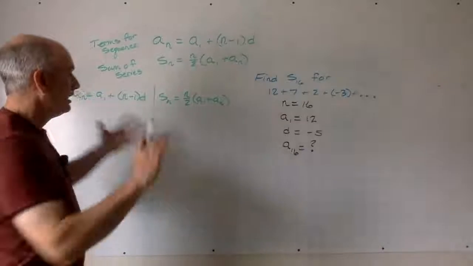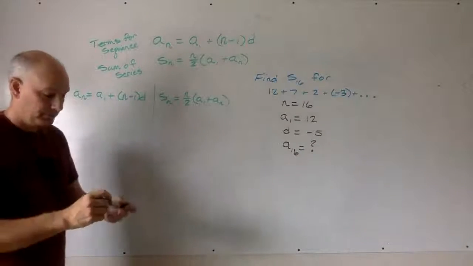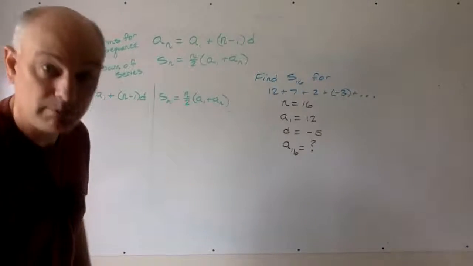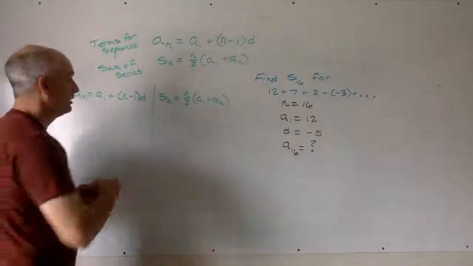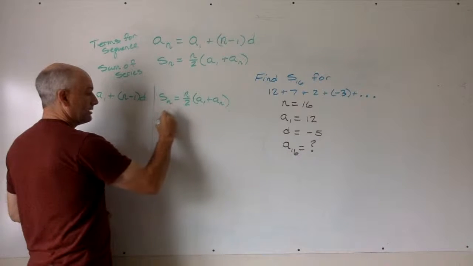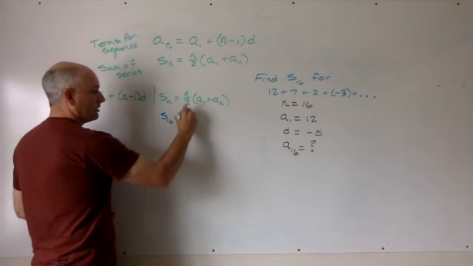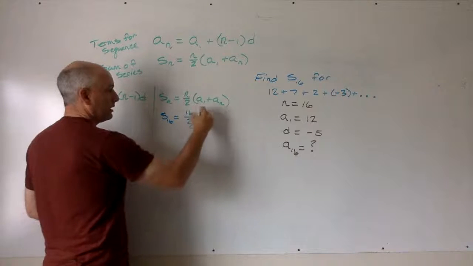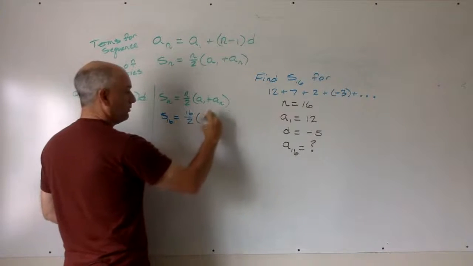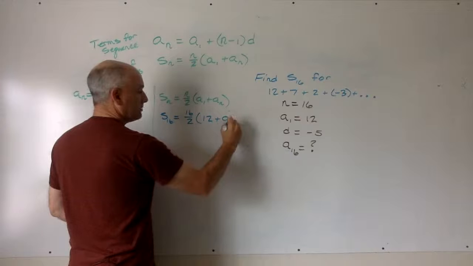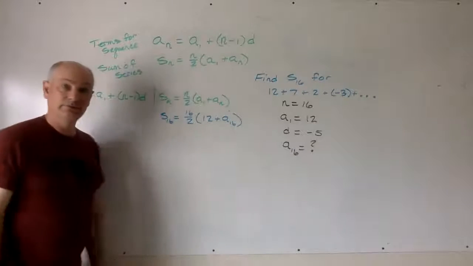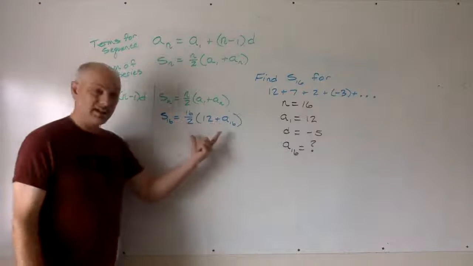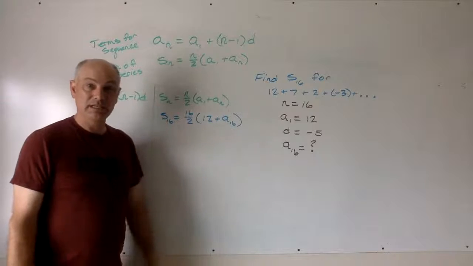So again, if I write down both formulas, I can fill in the information that I do have. Okay, so I'm looking at S sub 16. So 16 over 2. A sub 1 is 12. A sub 16 I don't have. So there's a little work I can do here, but I'm missing a sub 16.